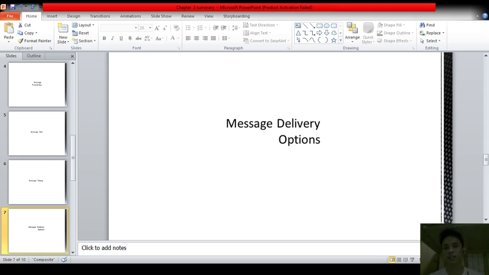So next is the broadcast. The broadcast represents a one-to-all delivery option. Meaning, in broadcast, when I have five persons, I send the message to all of them. The difference between multicast and broadcast is that in multicast the message is delivered to a specific group, not all of the members.